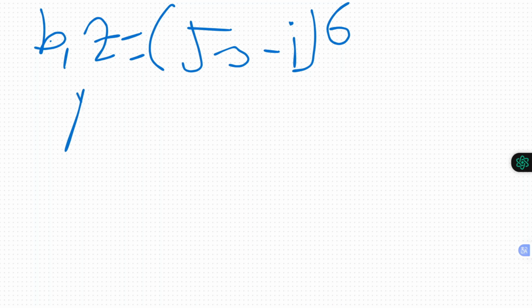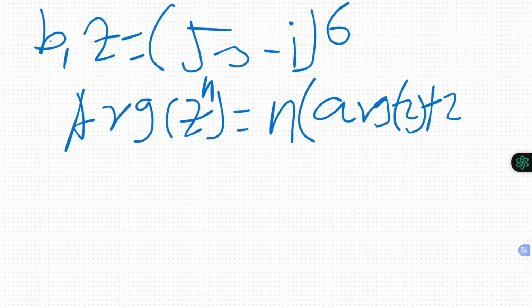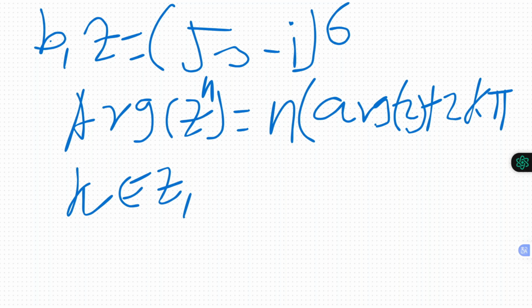We know that the argument of z to the power of n is equal to n times the argument of z plus 2k pi, where k is an integer.